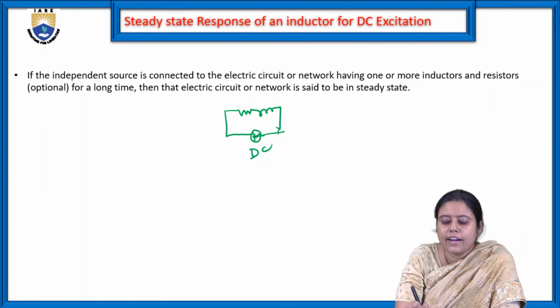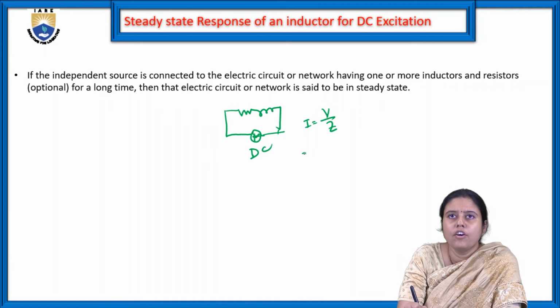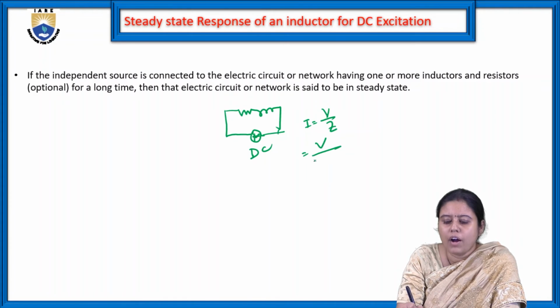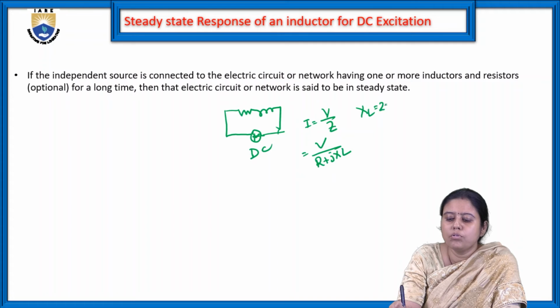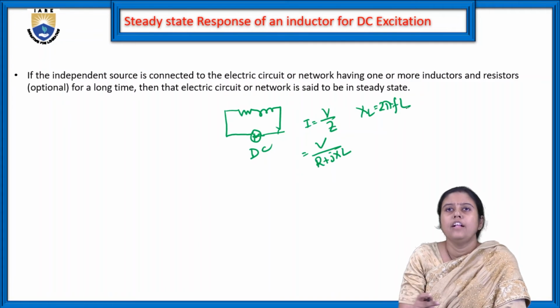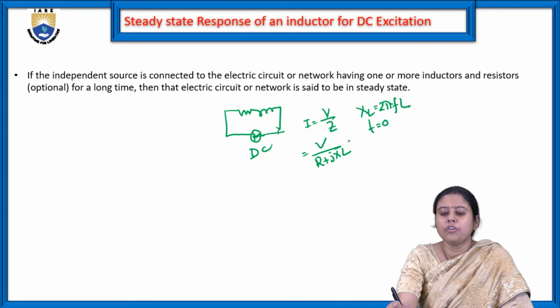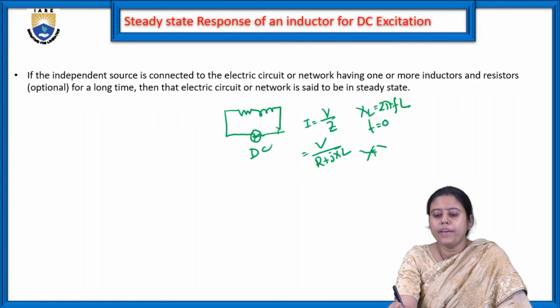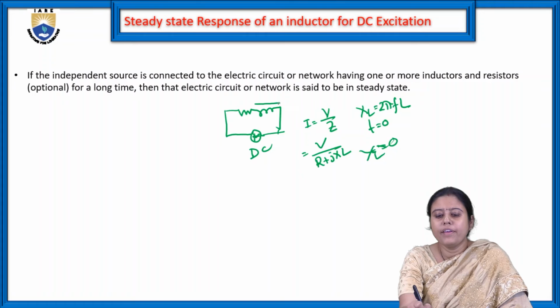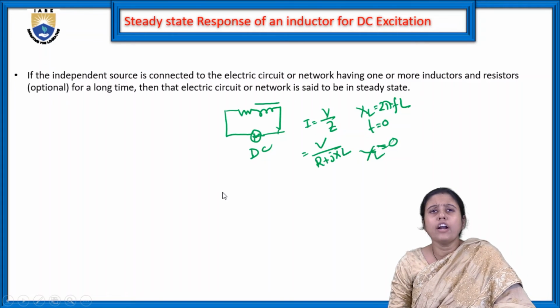We know that the current through it is equal to V by Z, where Z is R plus jXL. What is XL? XL is equal to 2 pi fL. As this is DC and frequency is equal to 0, the XL value will be 0 and it will behave like a short circuit.